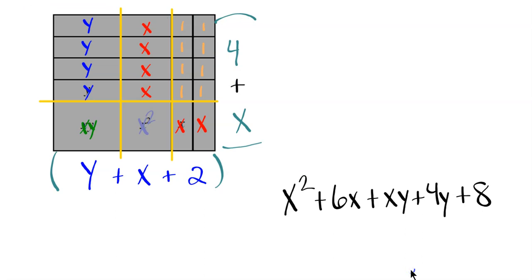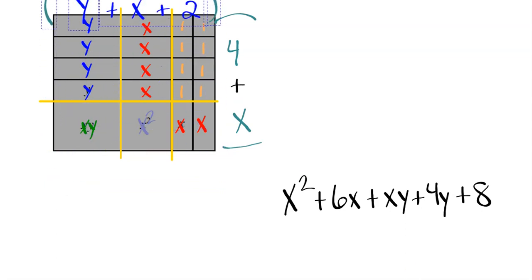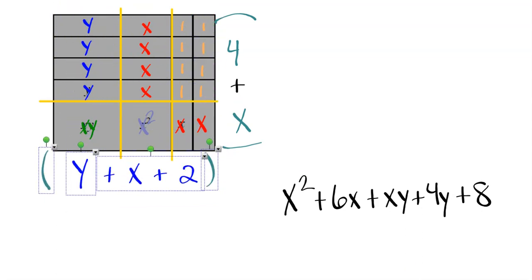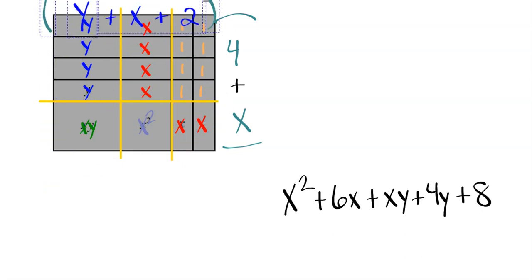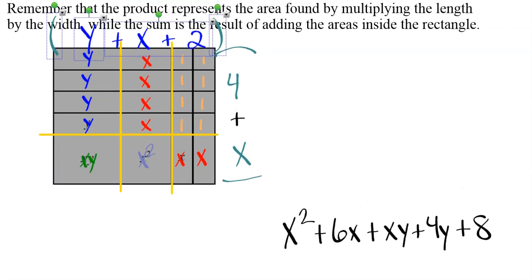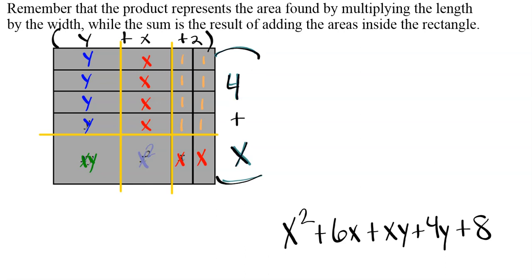And then it might be easier if we actually were to put that up here. But nonetheless, that's a y plus an x plus a 2. Y plus x plus 2, and then here we have our 4 plus our x plus the 4.